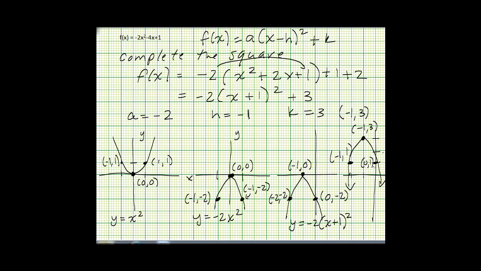Now, just a quick check, if you go back and think of the original equation we had, if I put in 0 for x, I know that my y-intercept should be at 0, 1. And in this case, even though I'm off a little bit, my intercept is, in fact, at 0, 1.